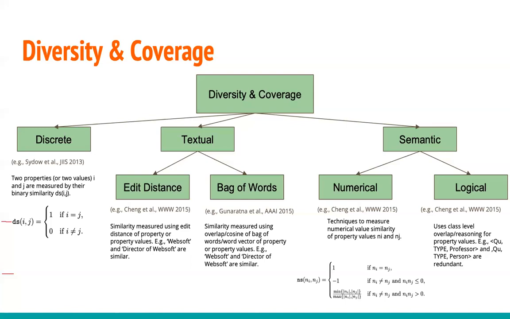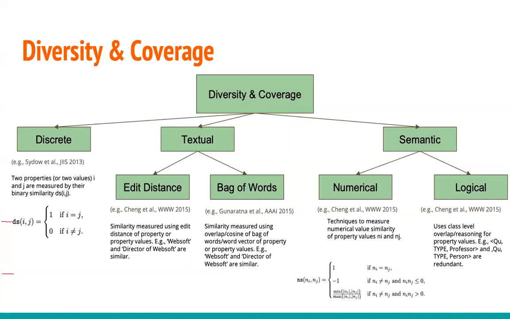Then we can also use logical similarity or dissimilarity to measure diversity. Basically we can use class level overlap or reasoning over two property values.